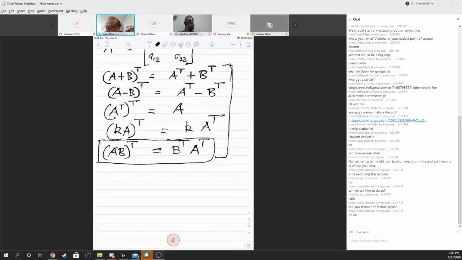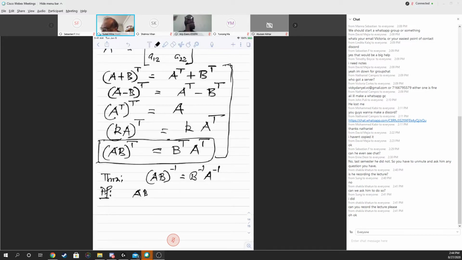Similarly, we have something like this, theorem: AB inverse is B inverse A inverse. Remember, matrix multiplication is associative, not commutative. So I want to prove this. So prove, you see how it works.